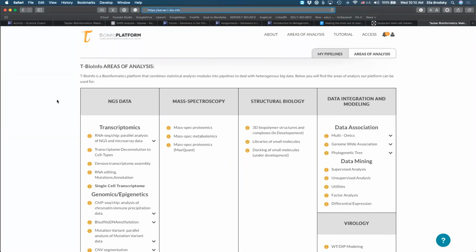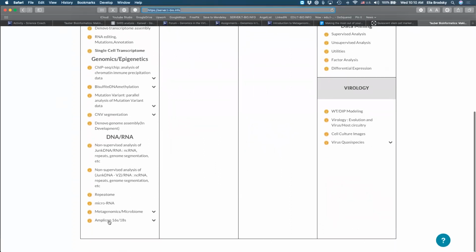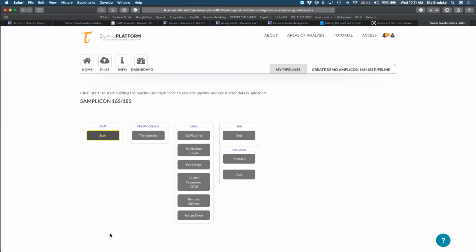All right, excellent. Once you're here, you scroll down all the way to the end. This is the amplicon 16S or 18S. And here you have the demo metagenomics amplicon gut-brain axis. So click here, and we'll walk through each step to understand what that step means.